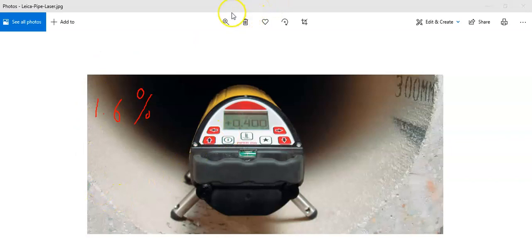When you are laying pipes, if you are going from a low point to a high point, you use plus. If you are laying pipes from top to bottom, along this line here, we use minus.